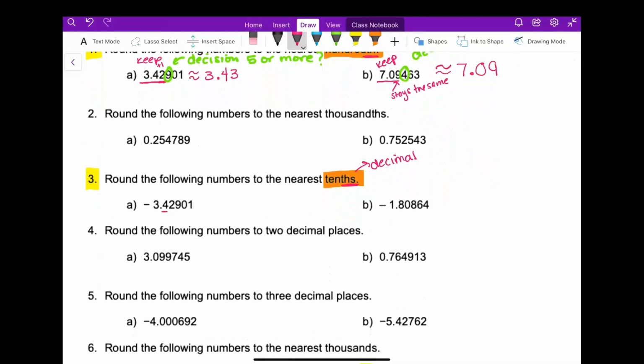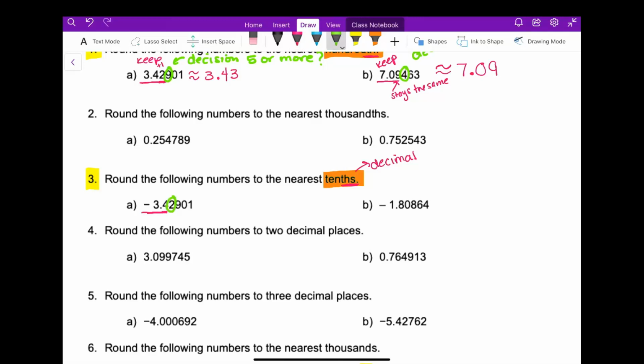Here it is, and we're going to underline to the left. Now this one, notice, is negative. Remember, I'm underlining everything so that negative will not change, because all we're doing is rounding to a place value. It has nothing to do with the positive or negative value of the number.